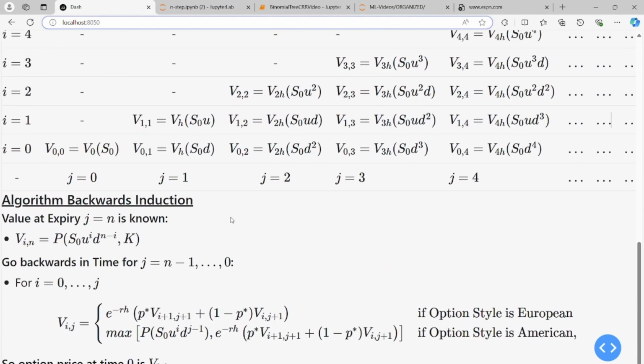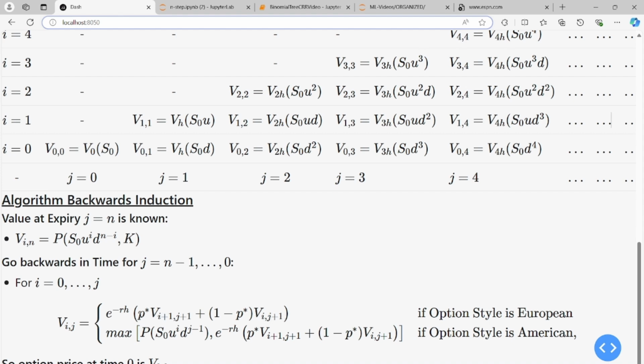Okay, first, let's talk about the European case. You're at time step j and node i. If you go up in the next time step, by our convention, you go to i plus 1, and the next time step is j plus 1. If you go down, you stay at the same i level, so you go to V i, j plus 1, because you stay at the same i but at the next time step.